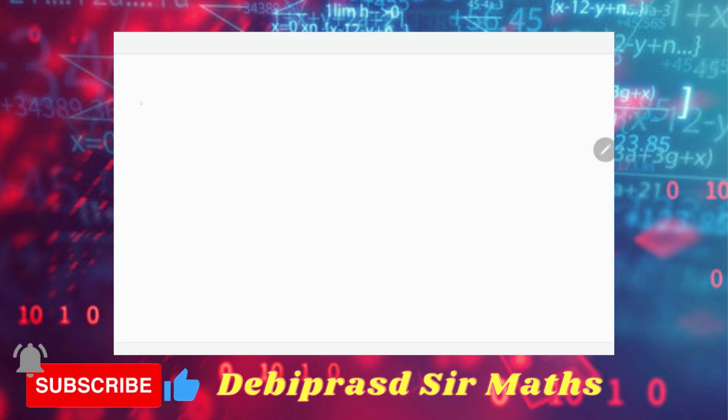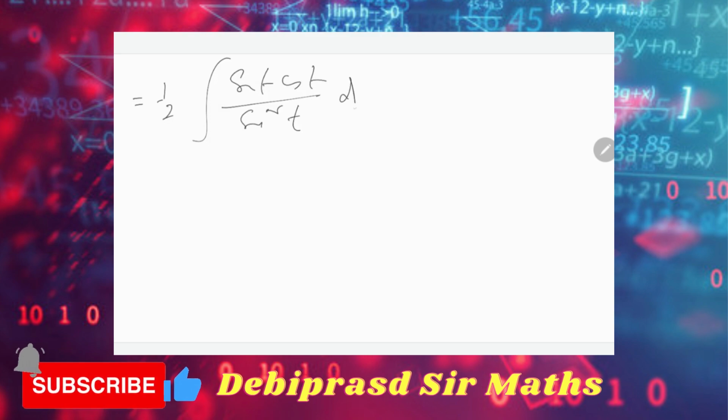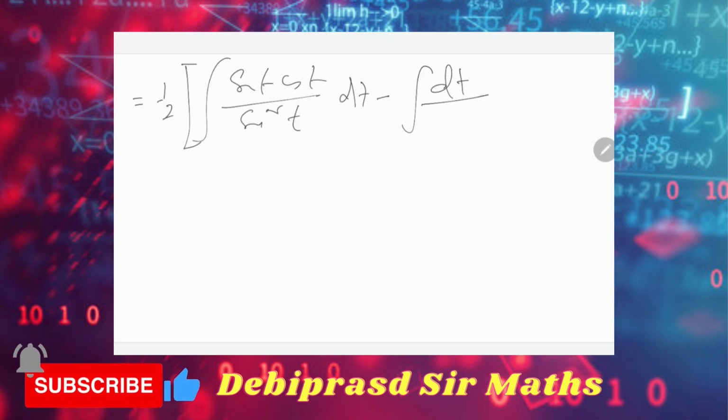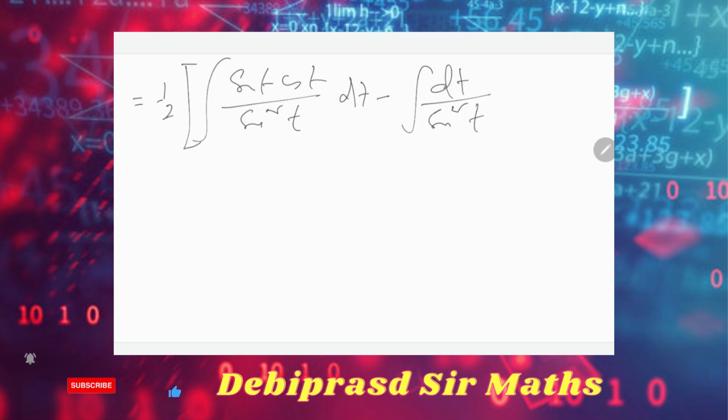So I will change that: 1 by 2 sin t cos t by sin square t dt minus dt by sin square t, and for that part e to the power t is also present.